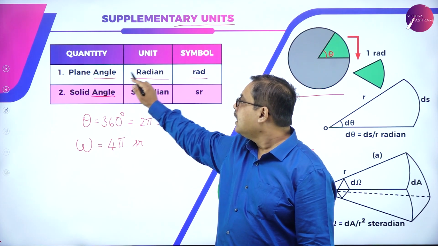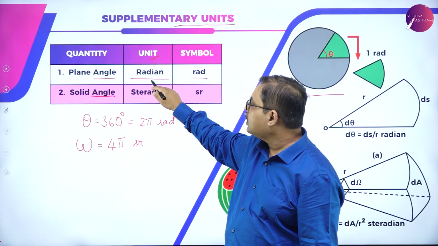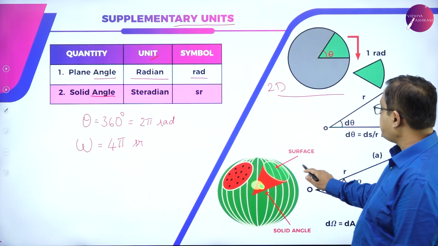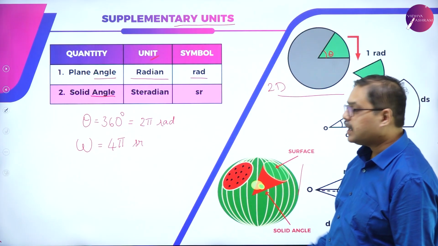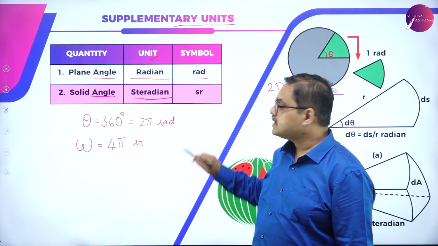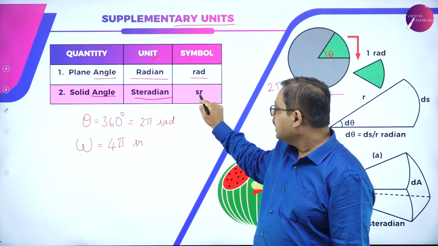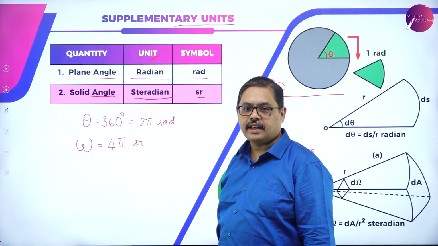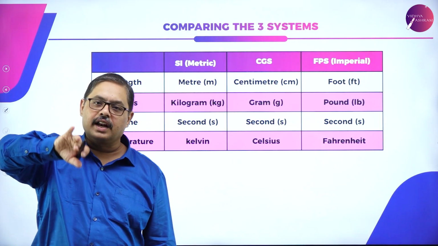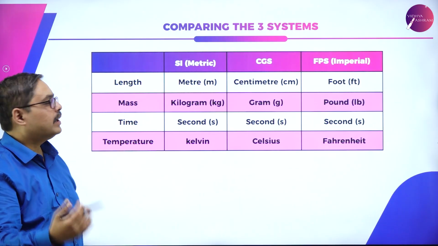Plane angle can be expressed with the help of a unit called radian. Solid angle, which is inside a sphere, can be represented with the help of a unit called steradian. The symbol is rad for radian, sr for steradian. Okay, so we had fundamental units, derived units and supplementary units.